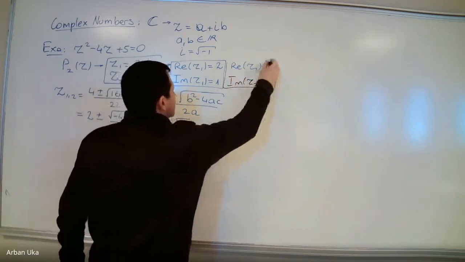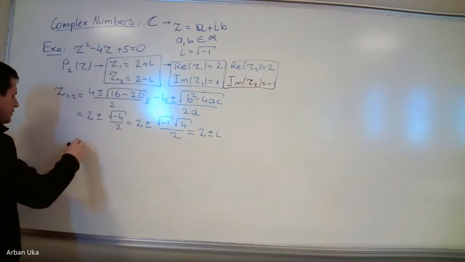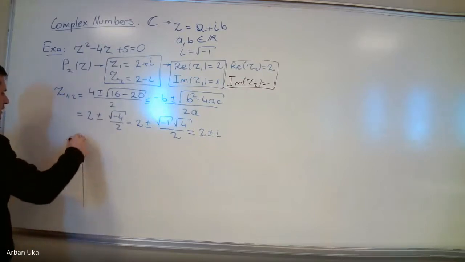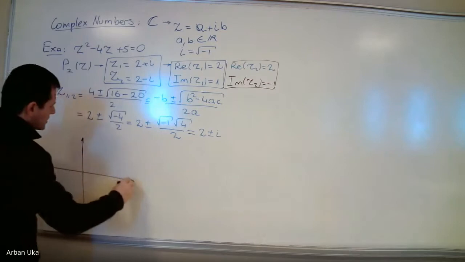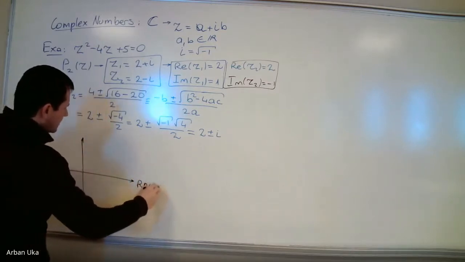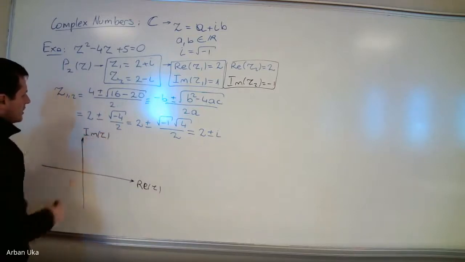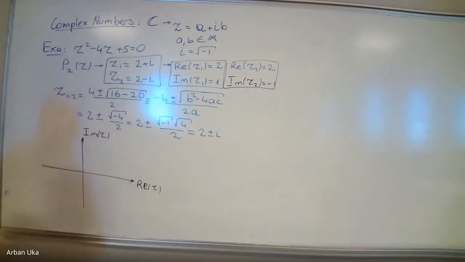This is how these numbers are denoted, and for this we have developed a graphical way to represent them. Here we write the real part of the complex numbers, and here we write the imaginary part.